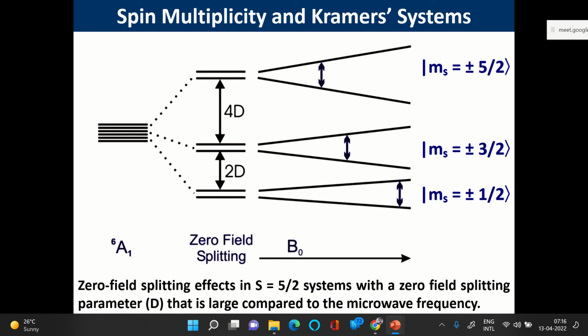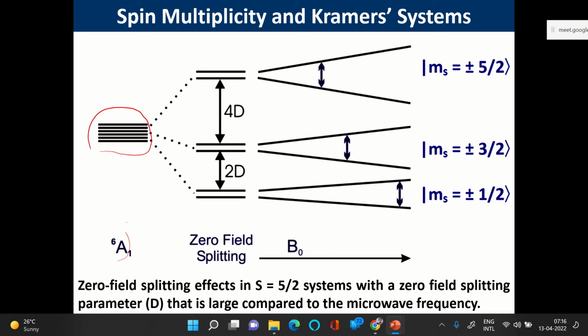In absence of anything, these are the 5 d orbitals. This is a system that we define depending on group theory, when you have a totally symmetric, spherically symmetric environment. So in absence of any magnetic field, this kind of splitting happens.